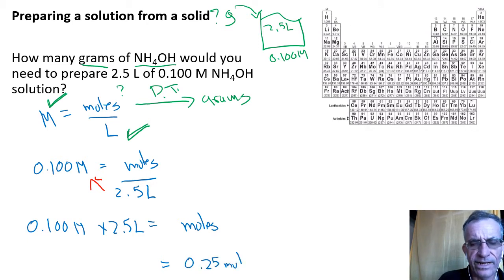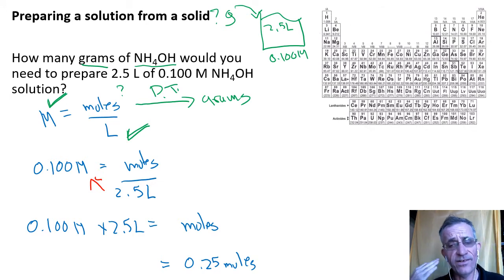Now, I want to point out one more thing. I've told you you've got to round and all that, but I've also been telling you all semester that your units should always work out. You might be looking at this and going, I don't get how these units are working. An M times an L makes moles? How's that?